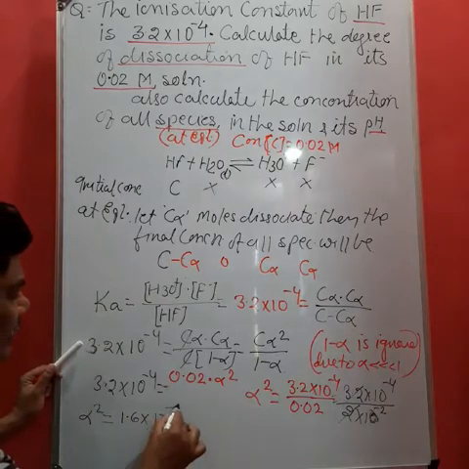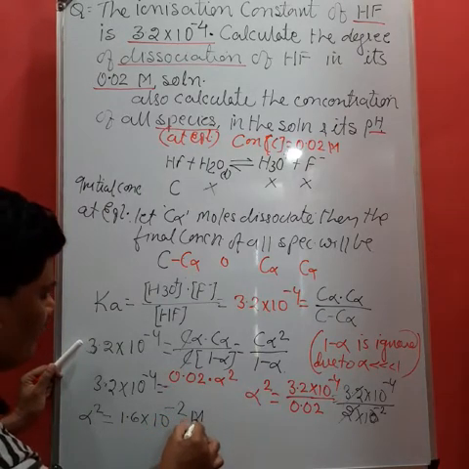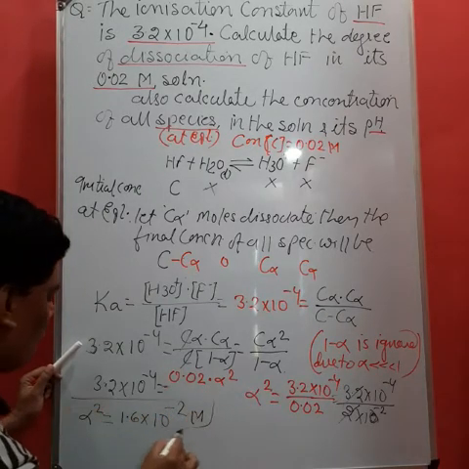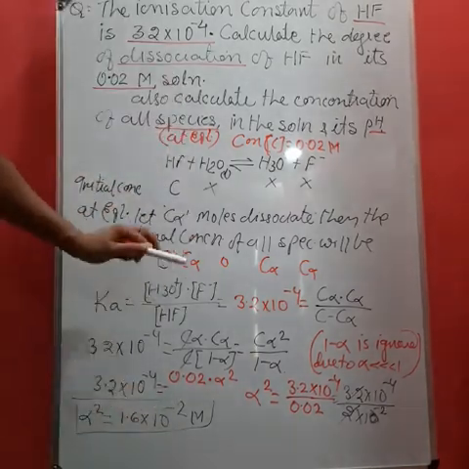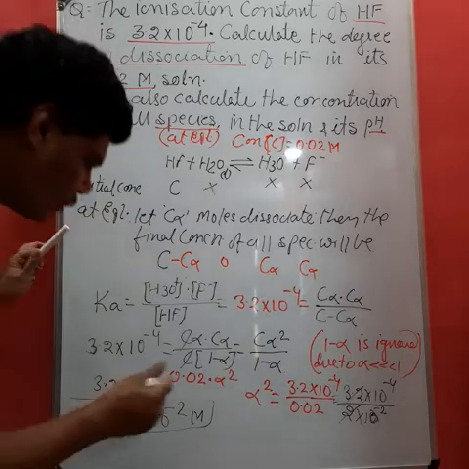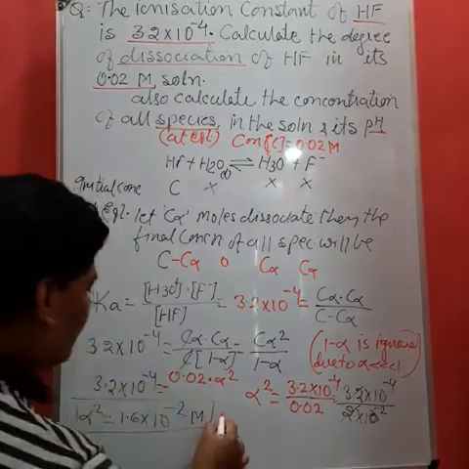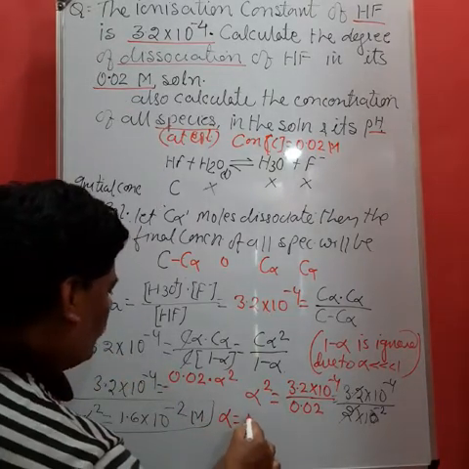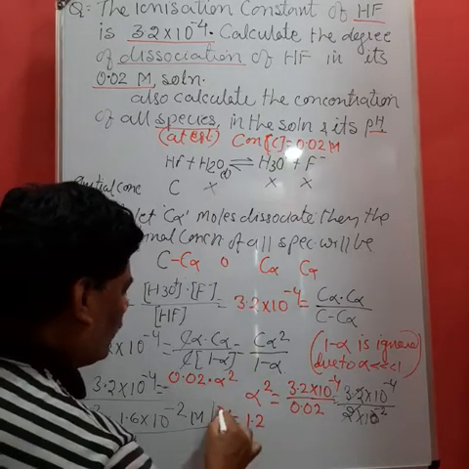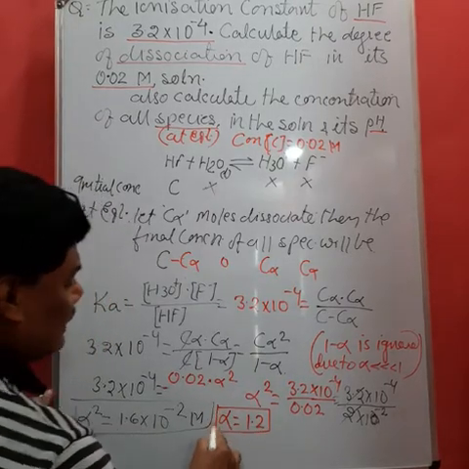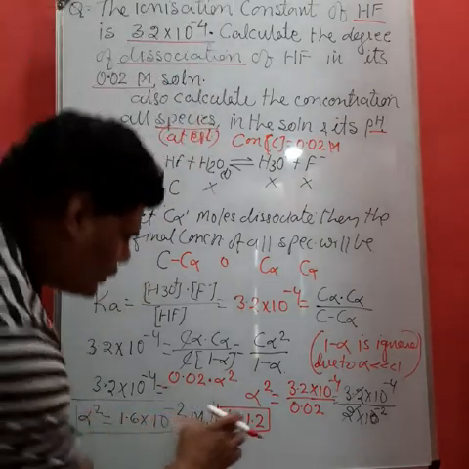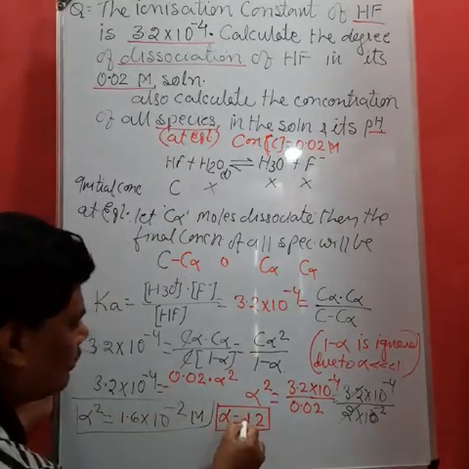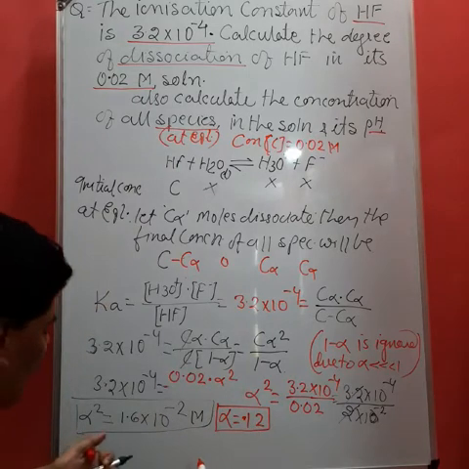On solving, we get alpha square as 1.6 × 10^-2, but what we actually have to find is alpha. So alpha will be 0.12. This is the value of alpha.